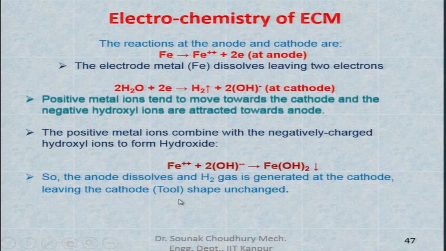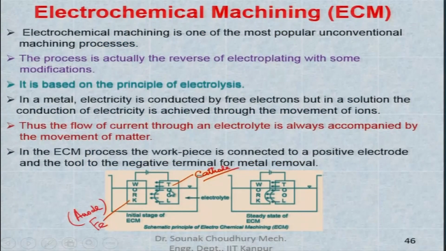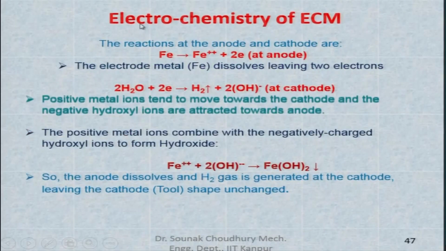And the tool, whatever is the material of the tool, as I said, nothing happens to the tool which is the cathode. So, ferrous is dissolved, but nothing happens to the tool, because at the cathode hydrogen gas is evolved from the electrolyte, where both the tool and the workpiece are dipped. Ultimately the ferrous ions produced at the anode will be precipitated as ferrous hydroxide.